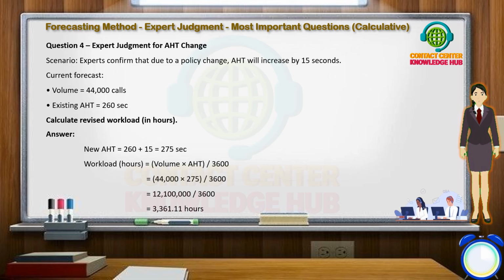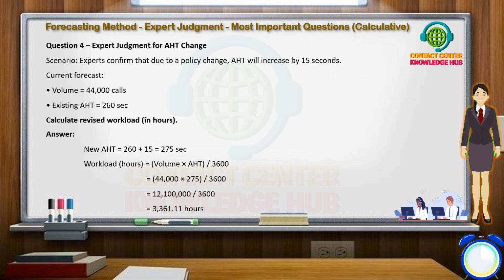Now plug in the values. Volume is 44,000. New AHT is equal to 275 seconds. So, workload is equal to 44,000 times 275 divided by 3600. First, multiply. 44,000 times 275 equals 12,100,000 seconds.